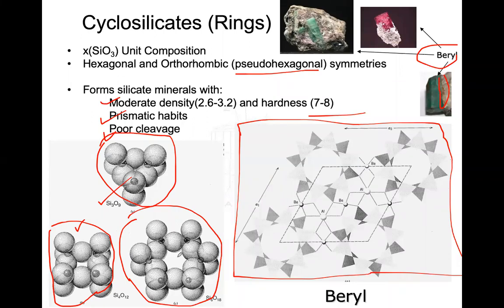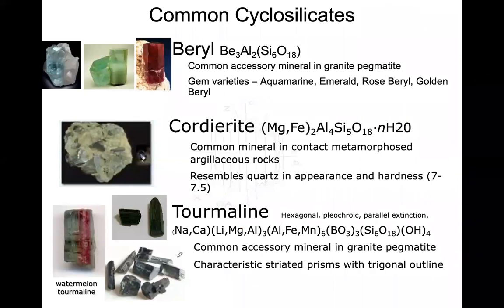Okay, right. And beryl is one of the common examples that we can consider under these cyclosilicates or ring silicates. There you can see 6 silicon atoms are there. That means 6 silicon tetrahedrons should be there, right?